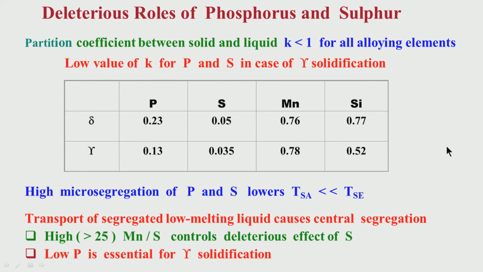What is the consequence of this? The relative depth of the mushy zone is more and the thickness of the solid shell is less during the process of solidification. So, the strength of the strand will be less because we have more liquid and less solid.